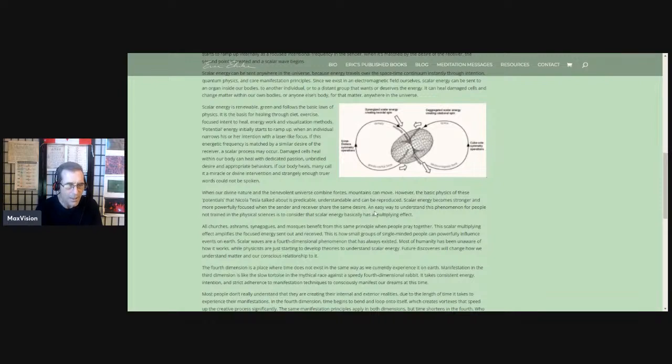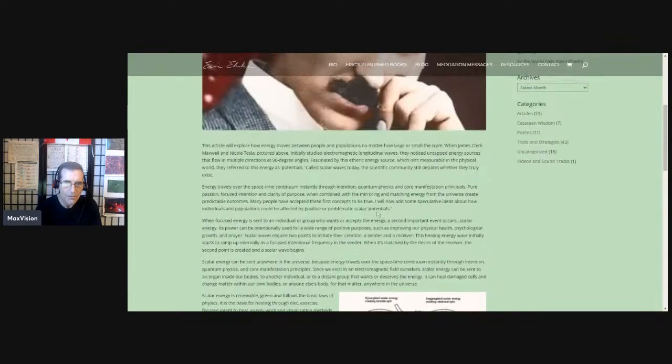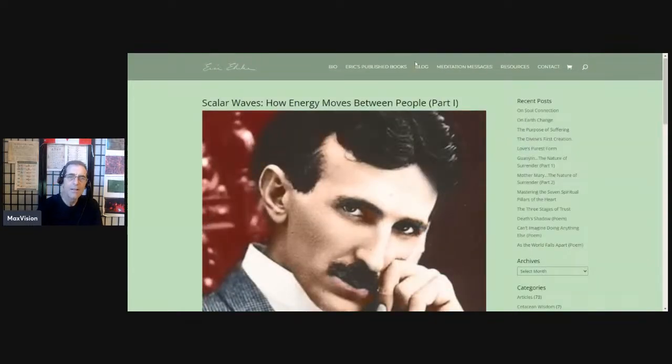So he's not really defining scalar energies here. It seems that scalar waves are more standing waves of energy, pulsing. So it's a pulsing energy.